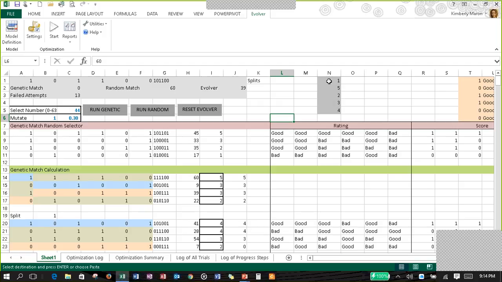So the first time we're going to split it between cell 1 and 2. Then the next time we split, we're going to split between cell 5 and 6. And the next time we split, we're going to split between cell 2 and 3 and so forth.